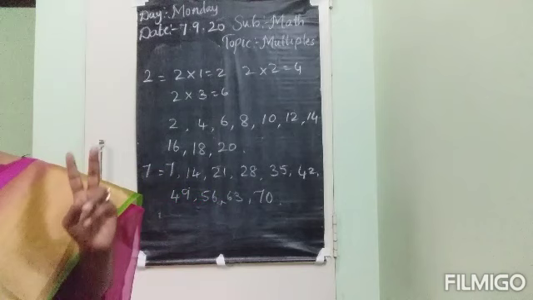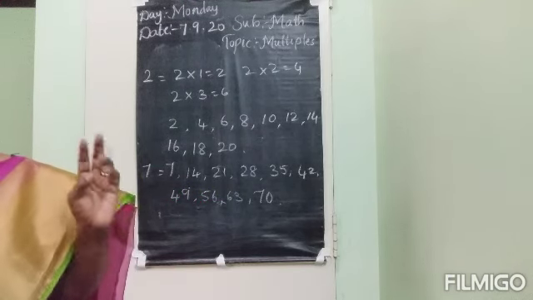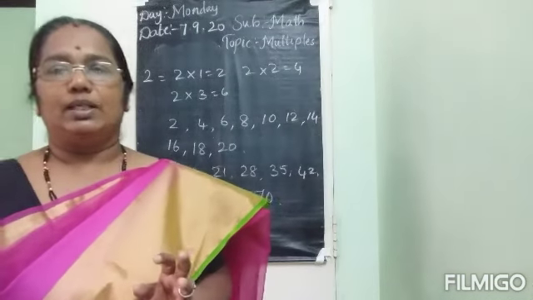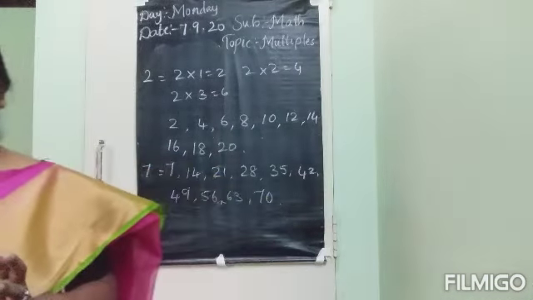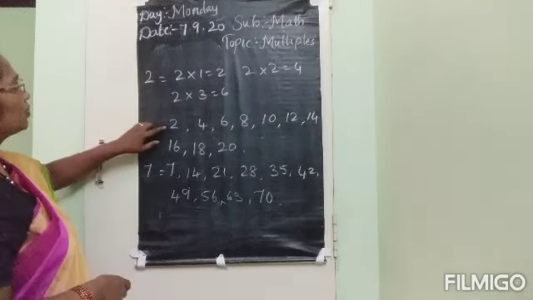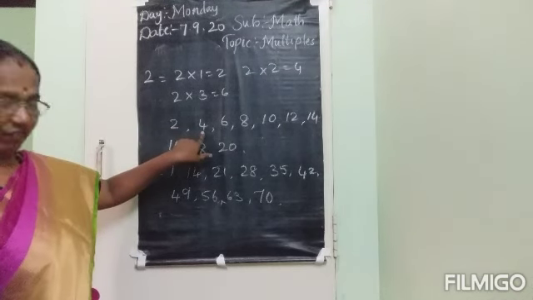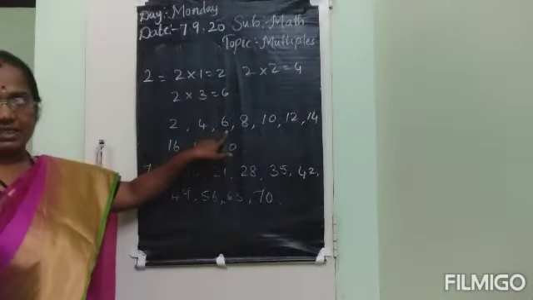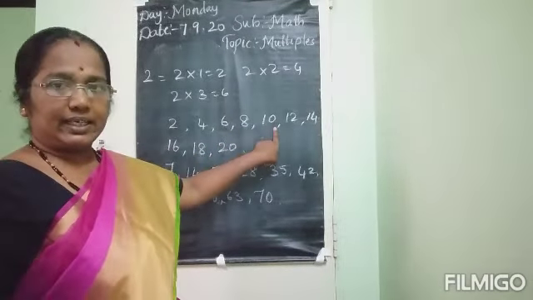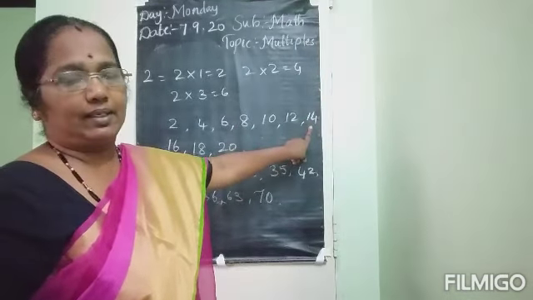Yes, children. Now the second property: a multiple of a number is greater than or equal to the number. For 2's multiples, 4 is greater than 2, 6 is greater than 2, 8, 10, 12, 14 are all greater than 2.